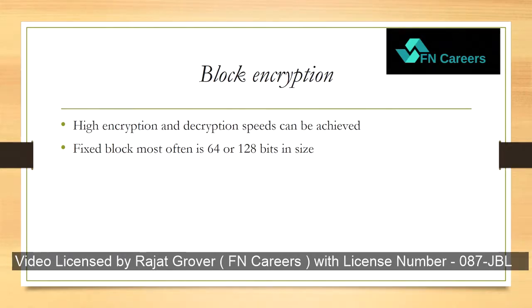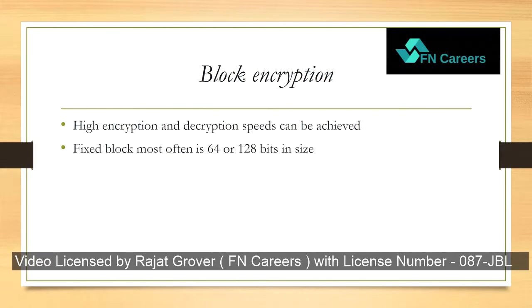The fixed block most often is 64 bits or 128 bits in size. In block encryption, the encrypted key is fixed and is called a block cipher. The size is determined by the considerations of force of the cryptographic algorithm and must be large enough to thwart simple attacks on messages, such as a full attack type.